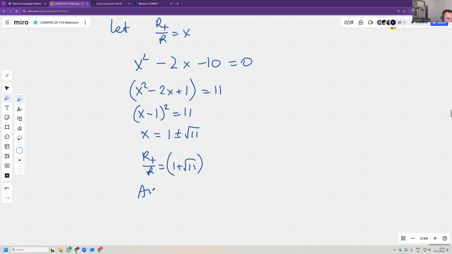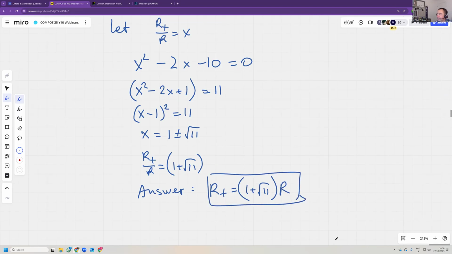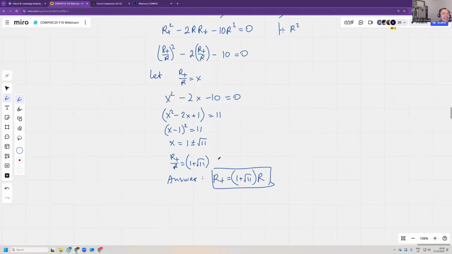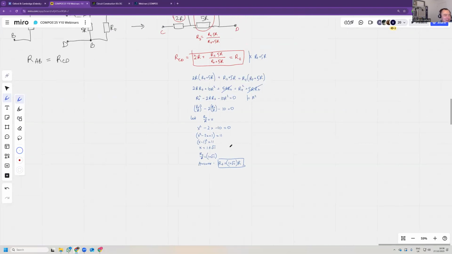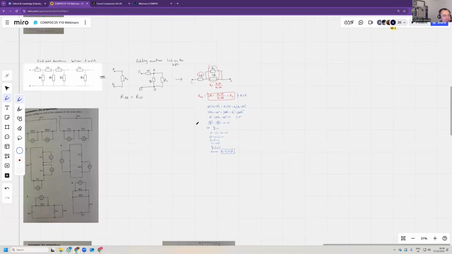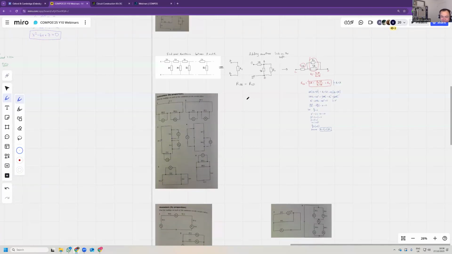So the answer: the total resistance is 1 plus root 11 times R. That's it. That's how you do it. I don't think I could be more specific for this particular question. It is a difficult question, and I think it's labeled with a star. But yeah.